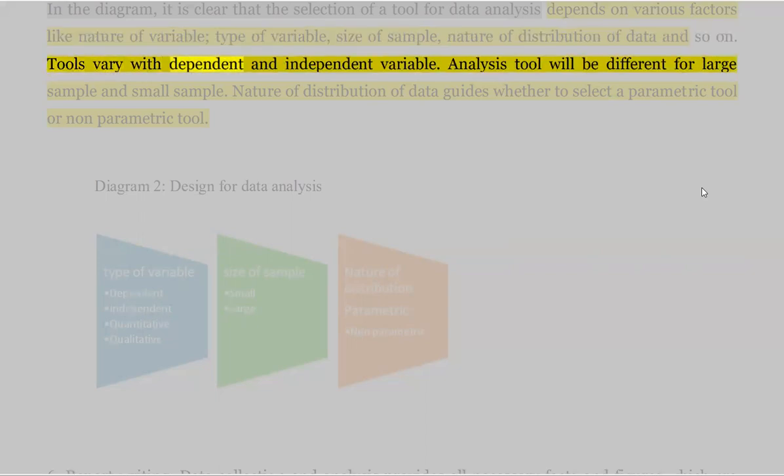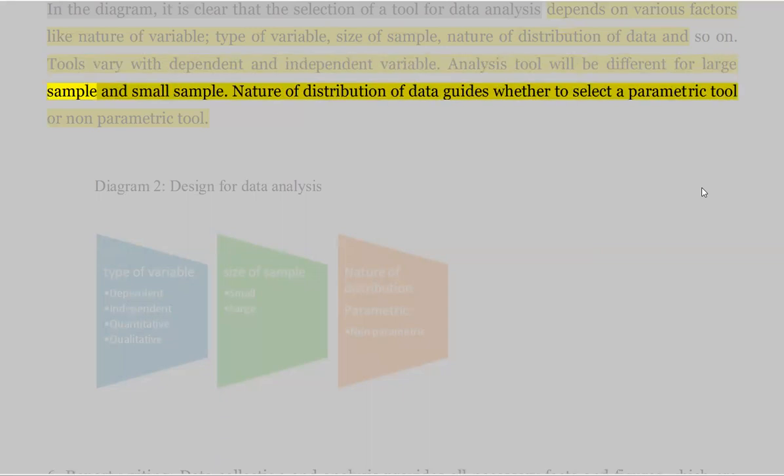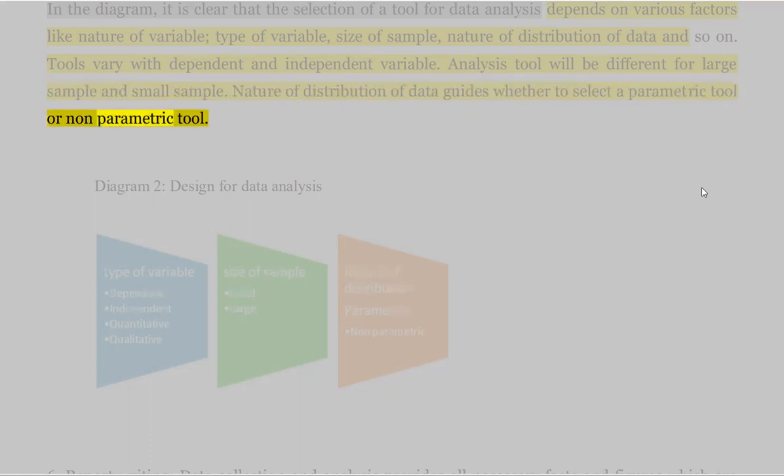Tools vary with dependent and independent variables. The analysis tool will be different for a large sample and a small sample. Nature of distribution of data guides whether to select a parametric tool or a non-parametric tool. Diagram 2 designed for data analysis.